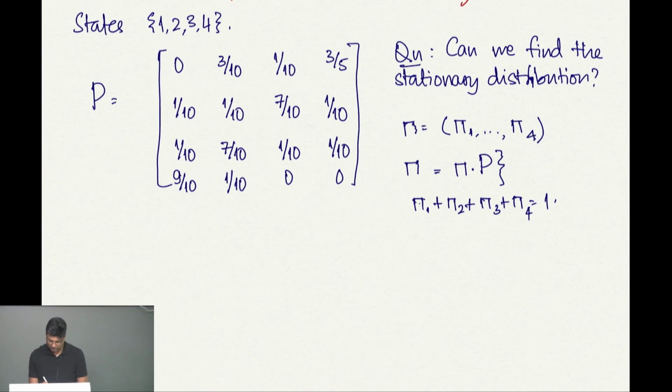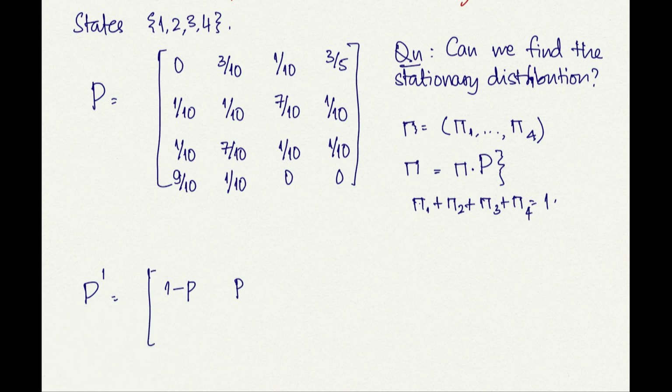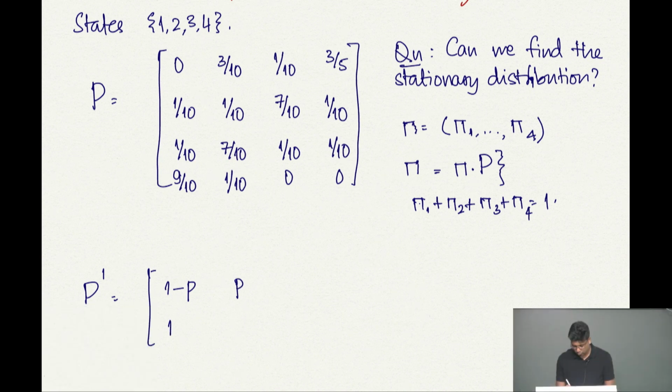I have another matrix P prime that is 1 minus P, P, Q and 1 minus Q. Find the stationary distribution for this.